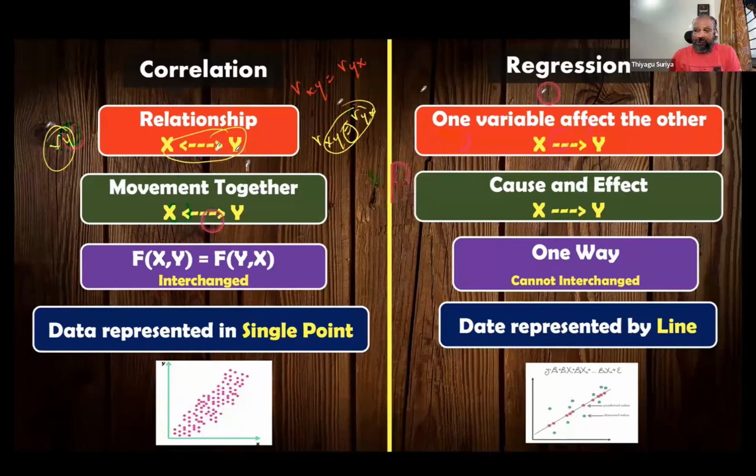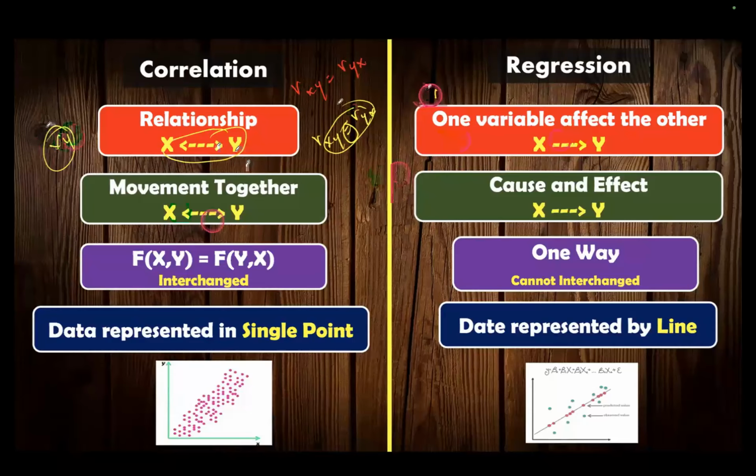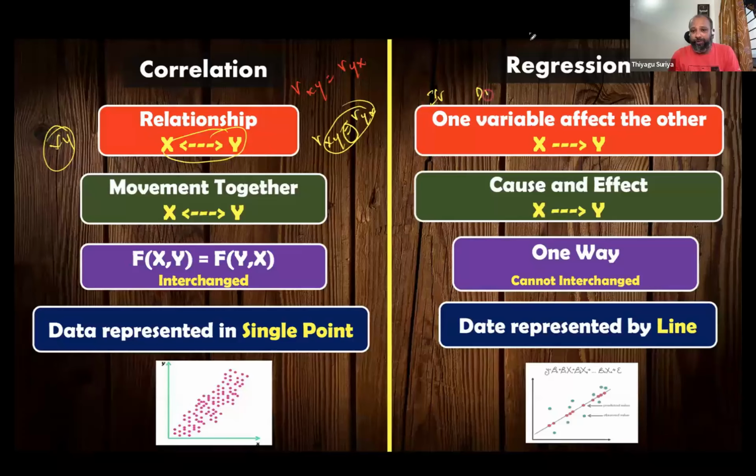But in the case of regression, we have the DV and IV. We cannot check the DV to IV or IV to DV and get the same scores.